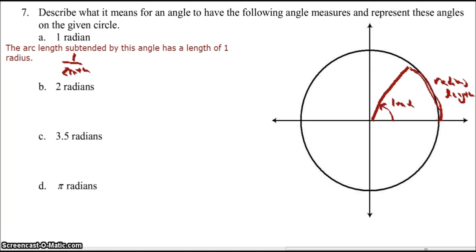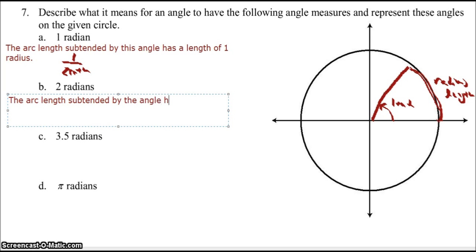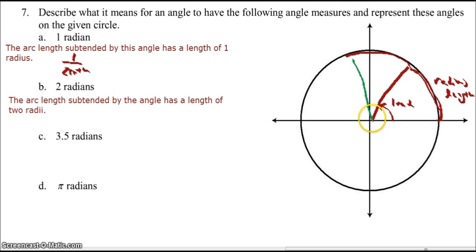So 2 radians, that just means that the arc length subtended by the angle has a length of 2 radii. So on our circle, I would just measure out, here's one radius and then another one, so that my angle would have these initial and terminal sides and be something like this. That would be 2 radians.